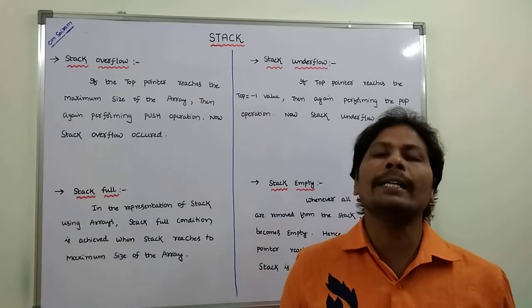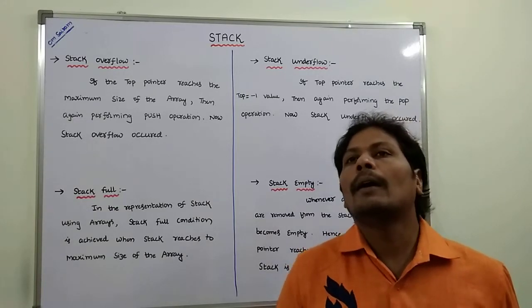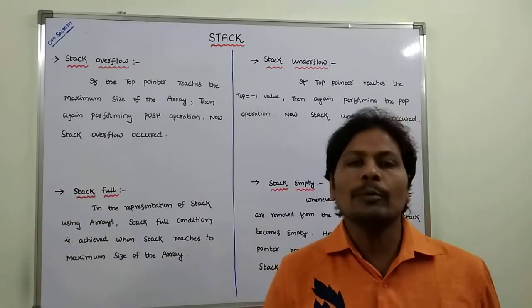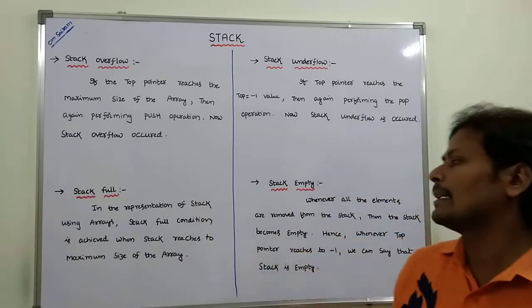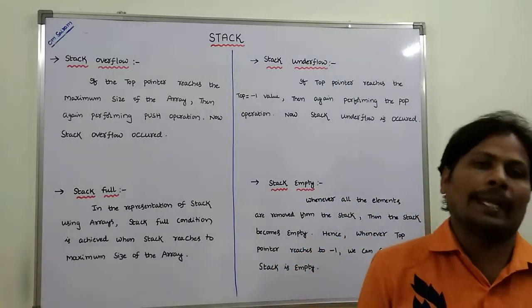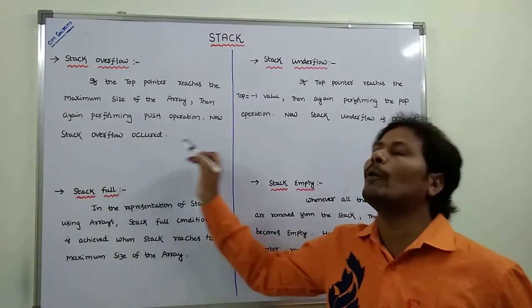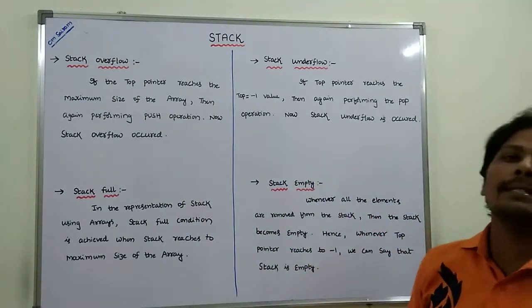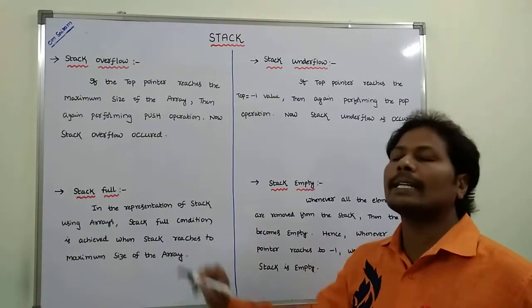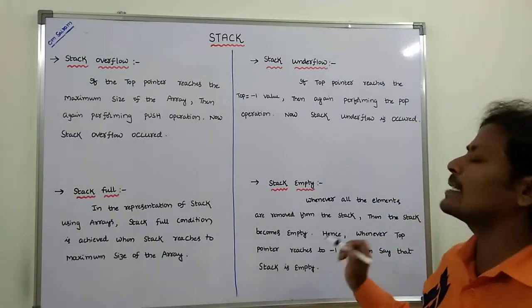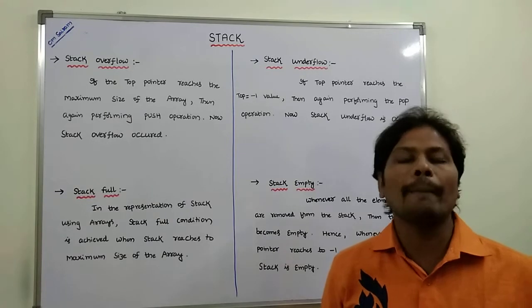If the top pointer reaches the -1 value, then we can say that the stack is empty. So, when we can say that the stack is overflow, underflow, full, and empty.